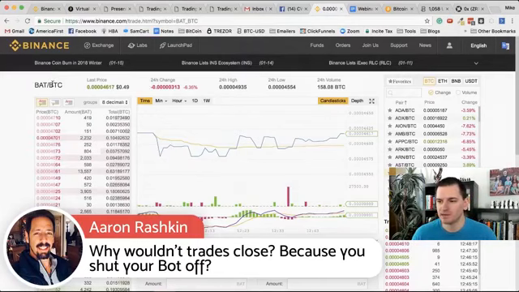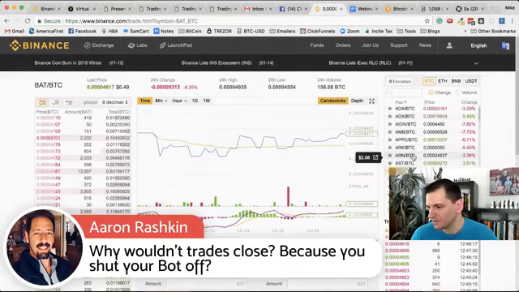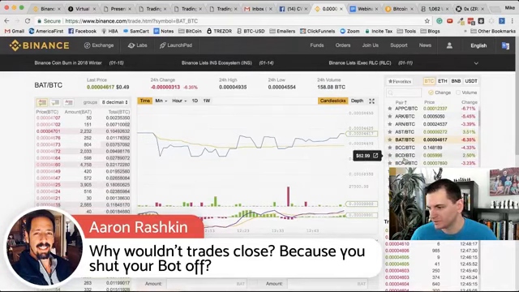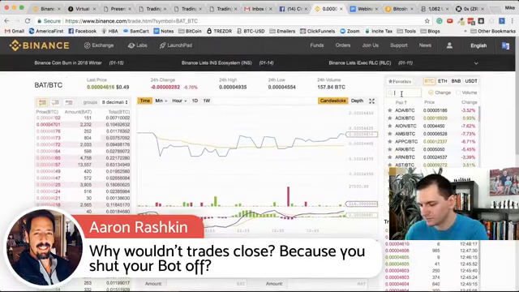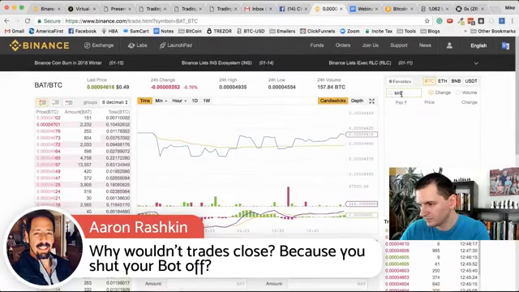So you might want to buy some of that Binance coin, which is over here. Just look for the B. What is their coin? Does anyone know? I don't even know what their coin is.